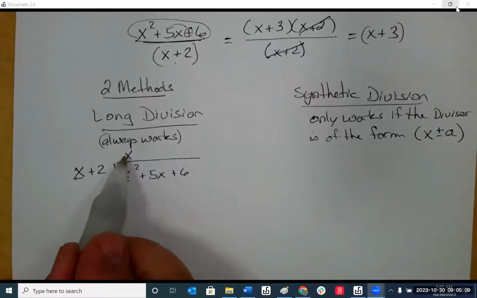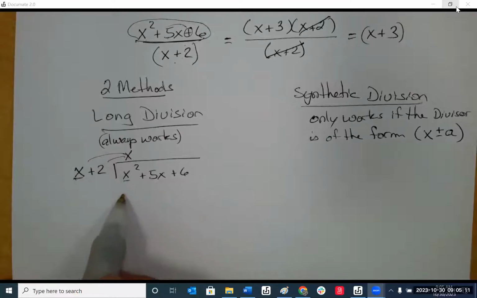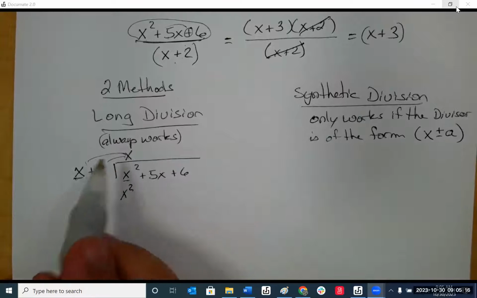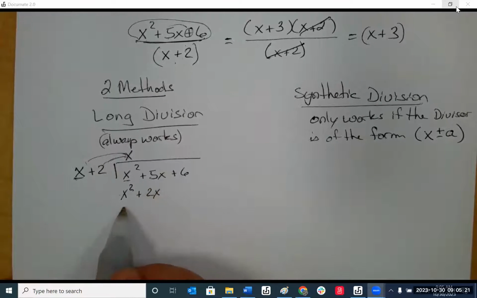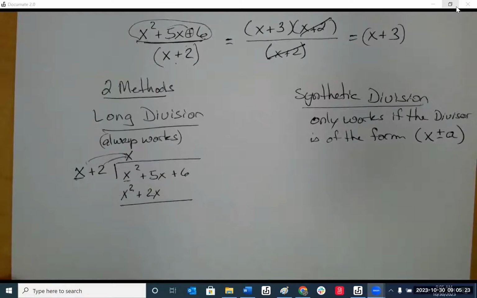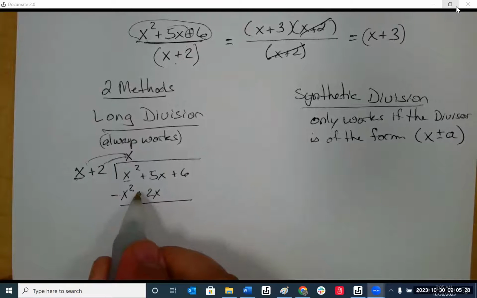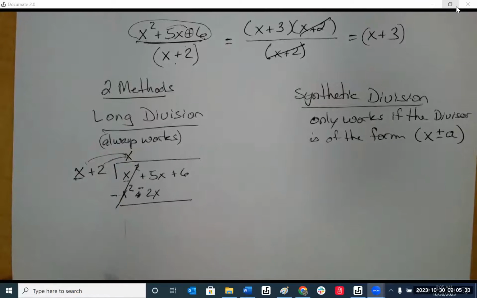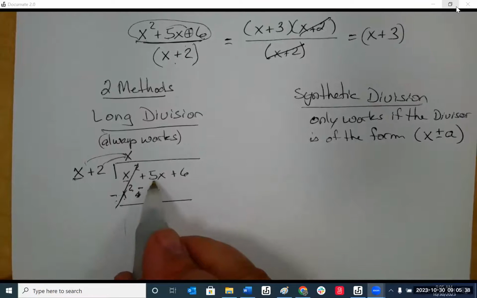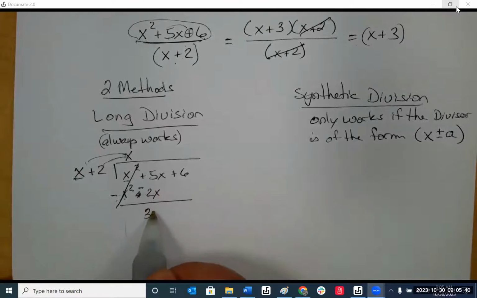So now we take this and multiply it to both of those, and they go down here. x times x is x squared. x times positive 2 is positive 2x. Change the signs and add straight down. x squared and minus x squared cancel out. 5x minus 2x is 3x, and bring everything else down.